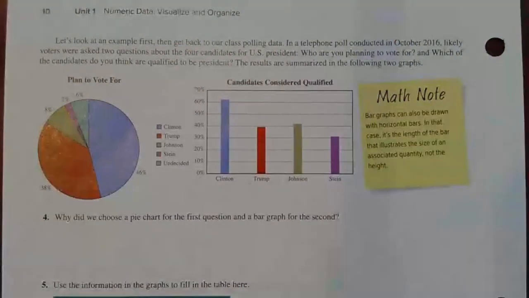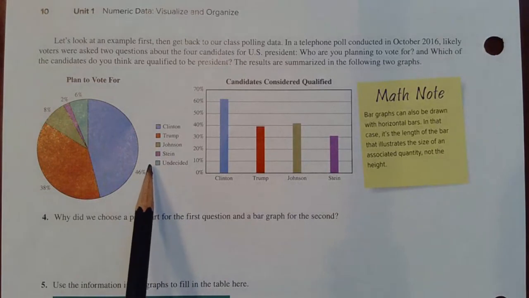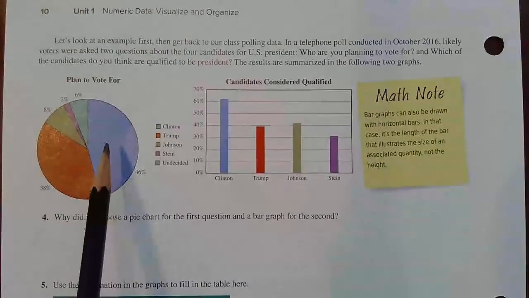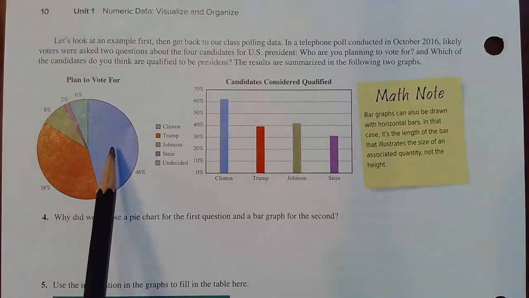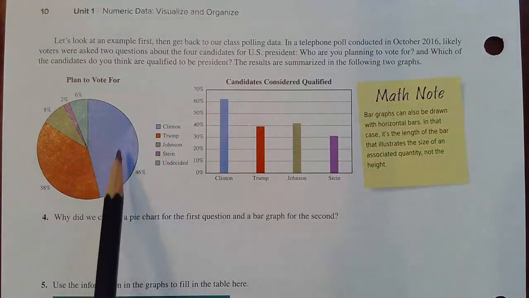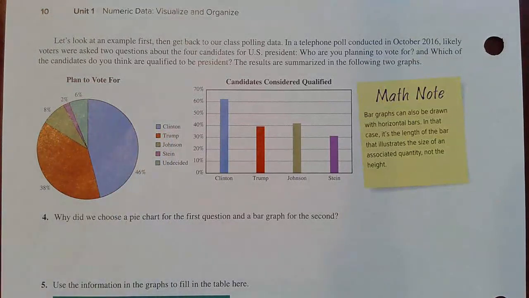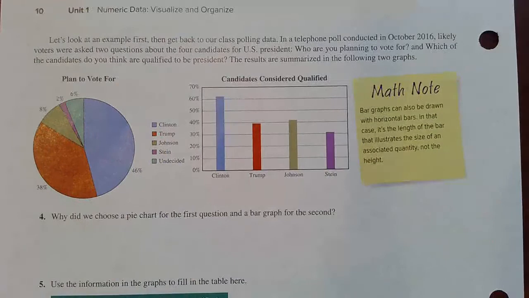Anyway, so here's a circle diagram right here, and you can see that there are various percentages. There's 46% for this section right here, and if you look right over here at what's called the legend, you'll see that this bluish purple color is for Clinton. So when you go to do the diagram, you're going to label Clinton, the percentage, and we're going to rotate and show that we have an understanding of degrees.